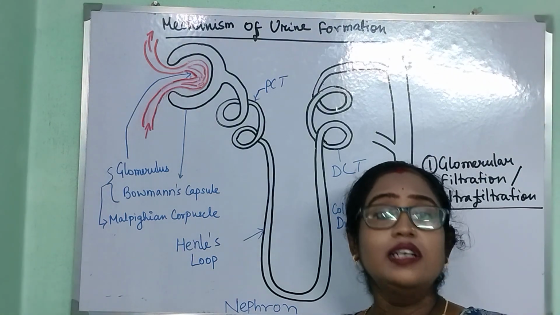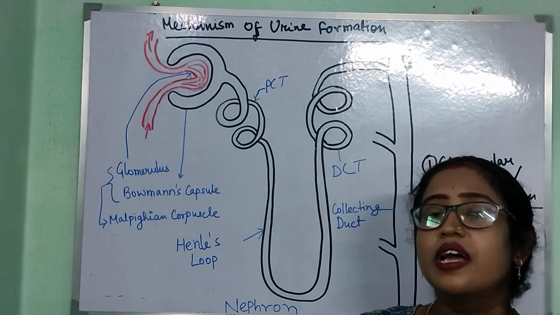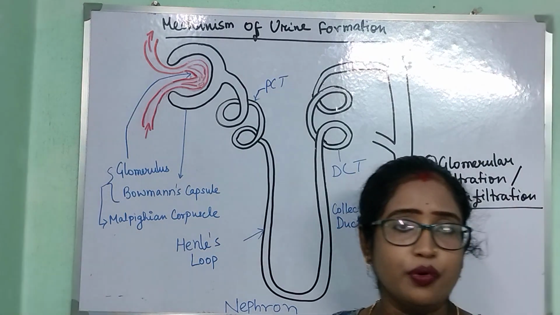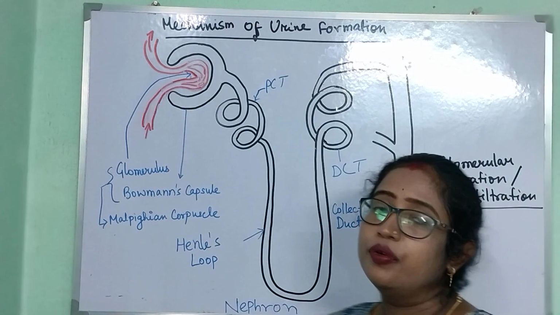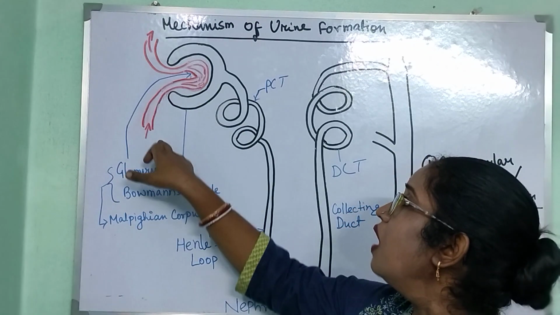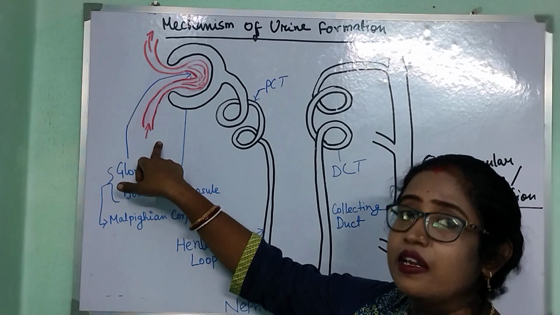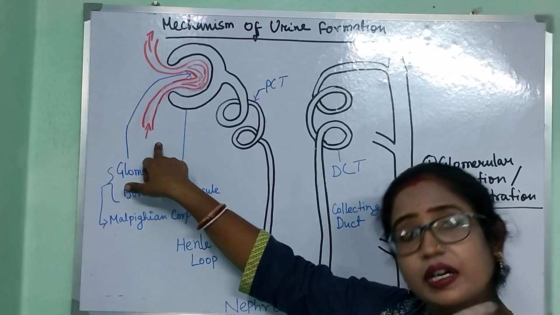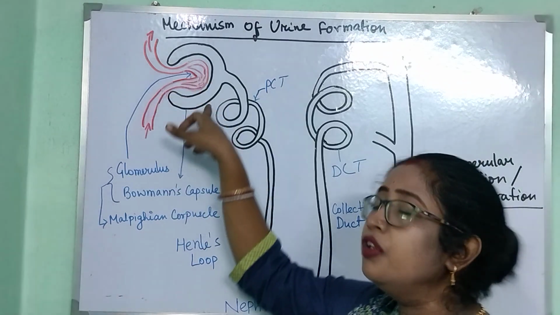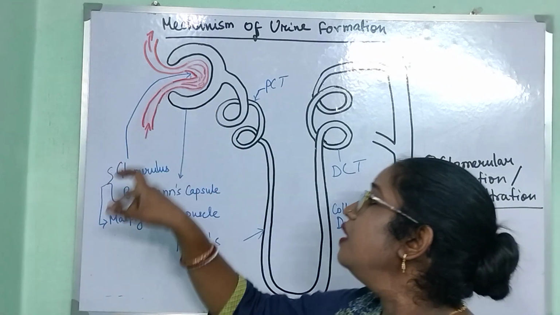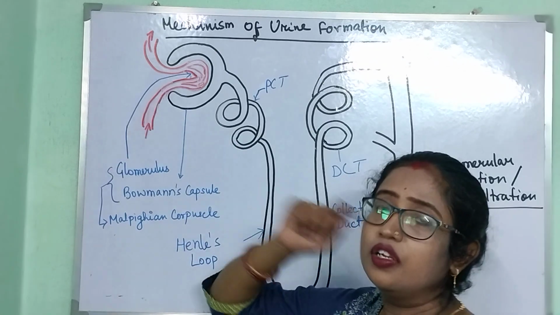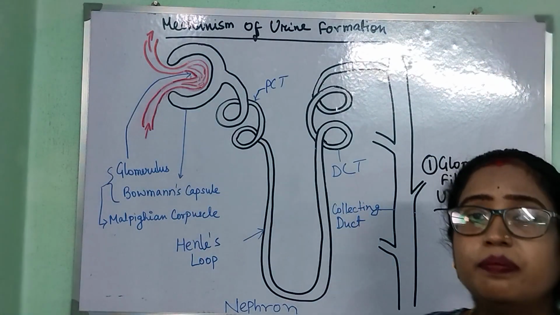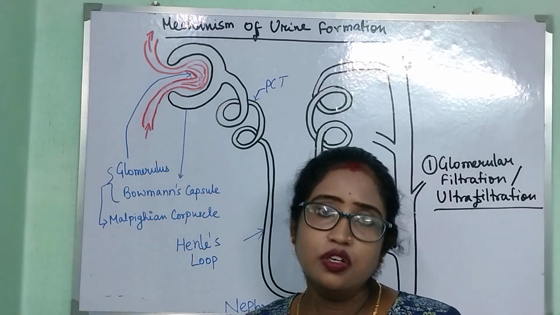The afferent arteriole carries this unpurified but oxygenated blood into the nephron. The efferent arteriole and the afferent arteriole together make a complex mesh-like structure, that is the glomerulus.